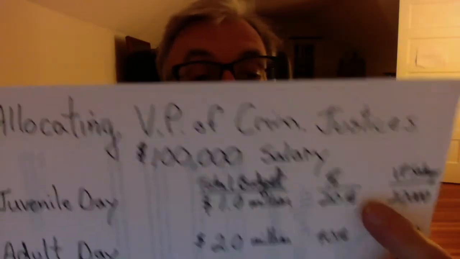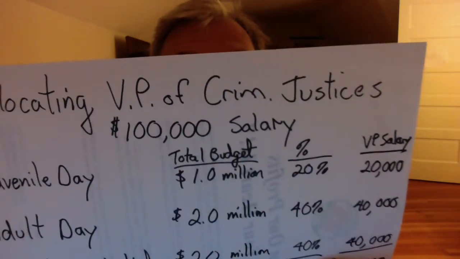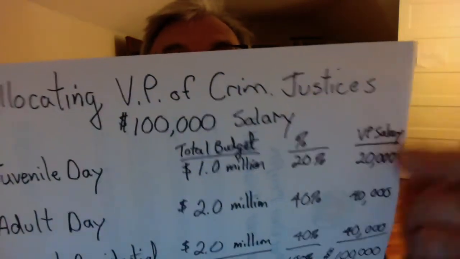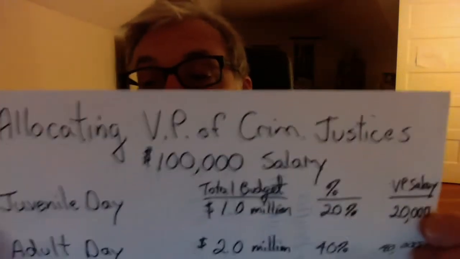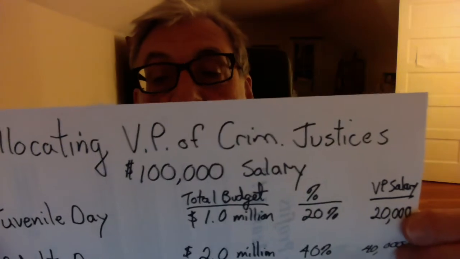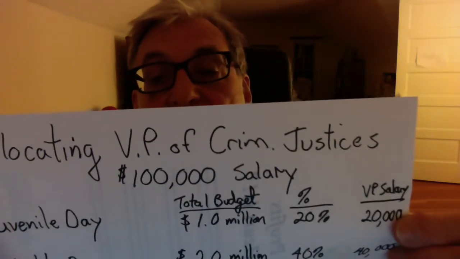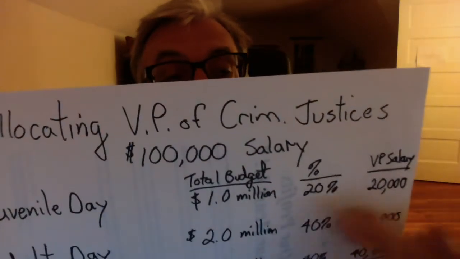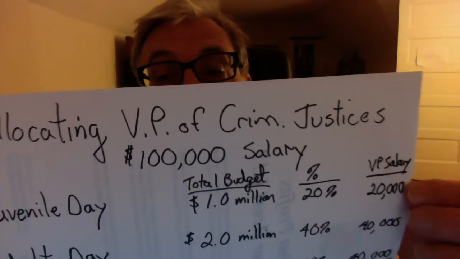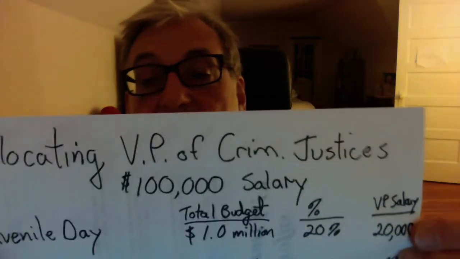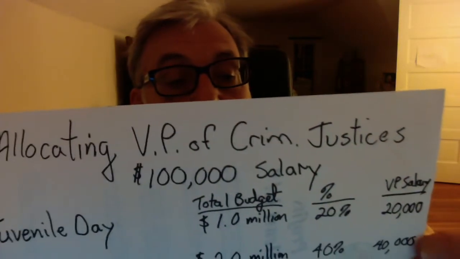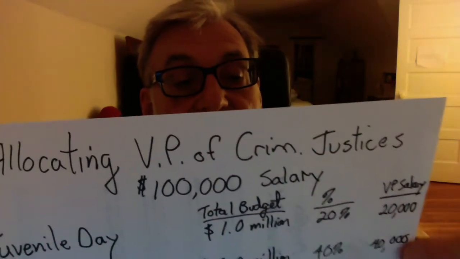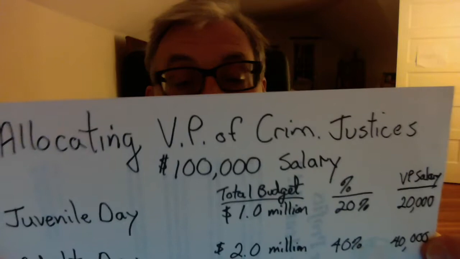So you now have percentages that you can use for allocating the $100,000 salary. And you can use those percentages to allocate the $100,000 to the various program budgets. So 20% of $100,000 is $20,000, and we will give that to the Juvenile Day Program. 40% of $100,000 is $40,000, and we will add that to the Adult Day Program.